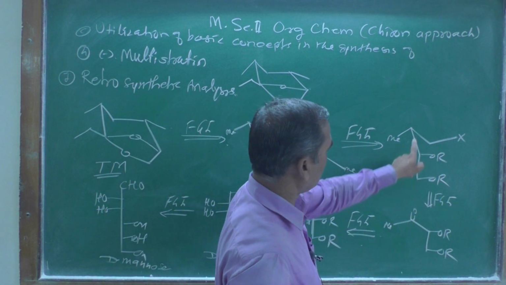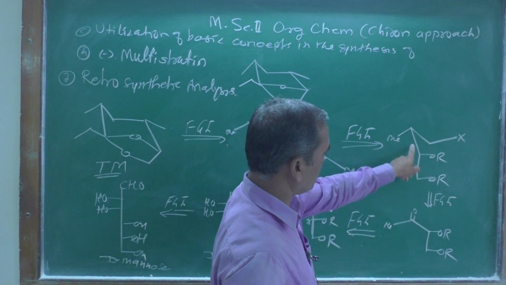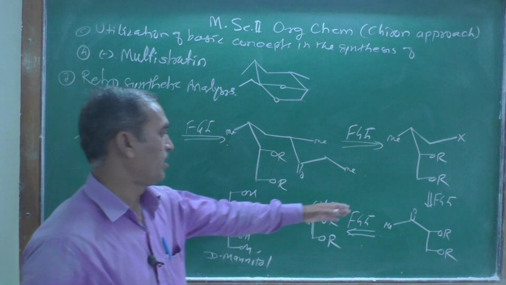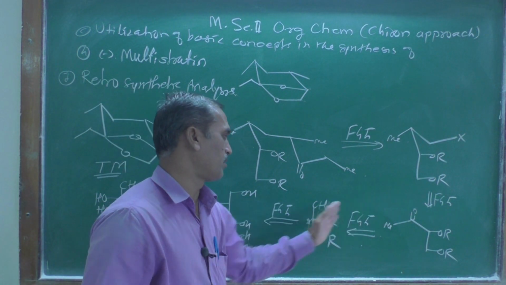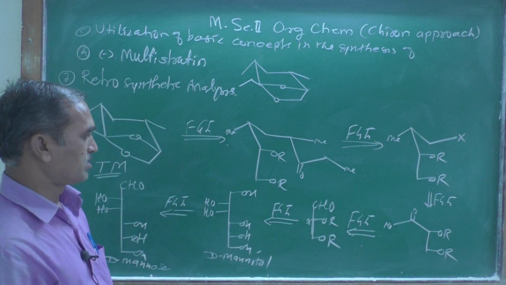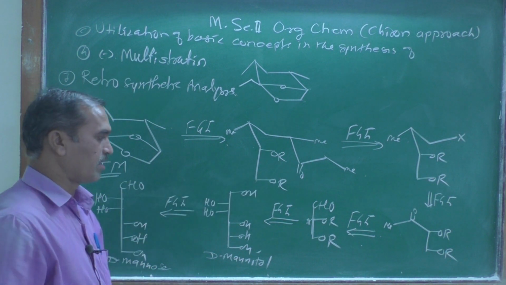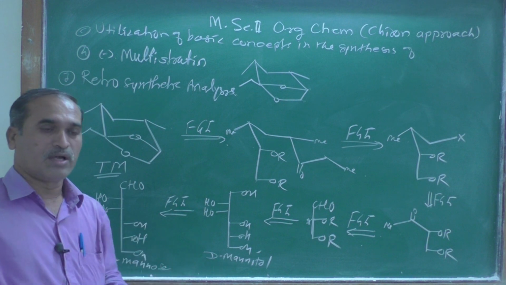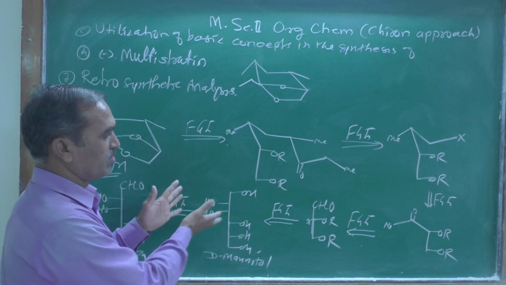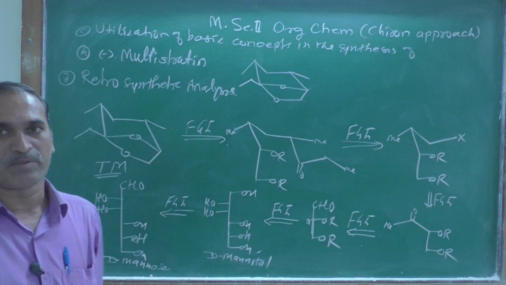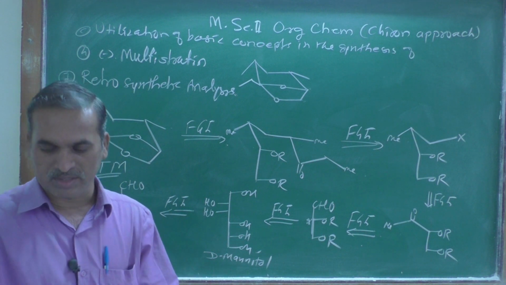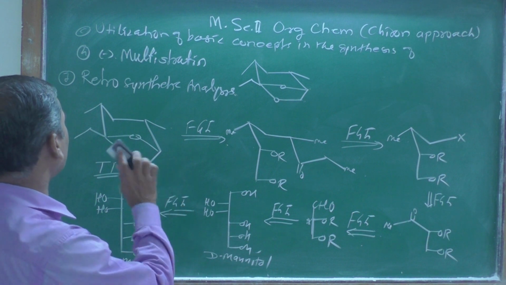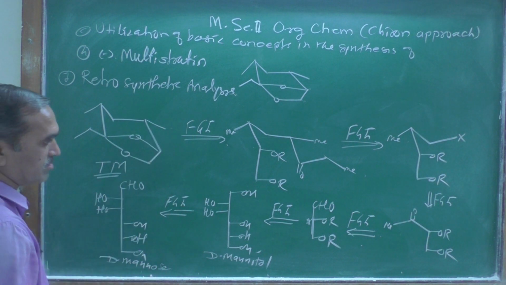So here we are just introducing a carbonyl group over there, and this can be converted into a benzaldehyde, glyceraldehyde type. Then we get this type of conversion; in our previous synthesis we saw how we arrive at and get the chiral precursor. So this is a retrosynthetic analysis, right?